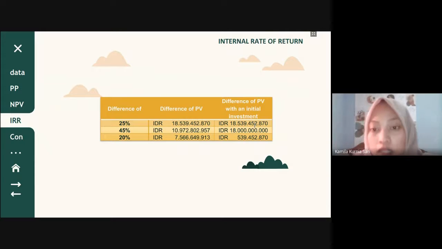In the third column, this is the total of present value for the 25% required profit. For the second row in the third column, we have 18 billion because it is the initial investment. Then we take the difference of the PV with our initial investment, so we get this value.